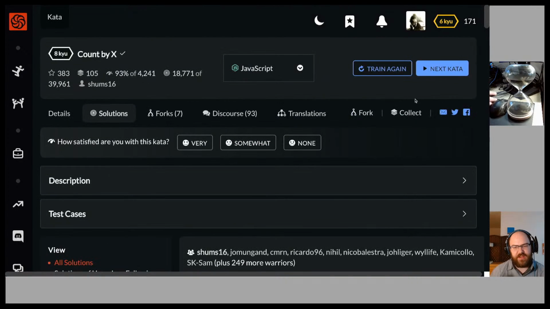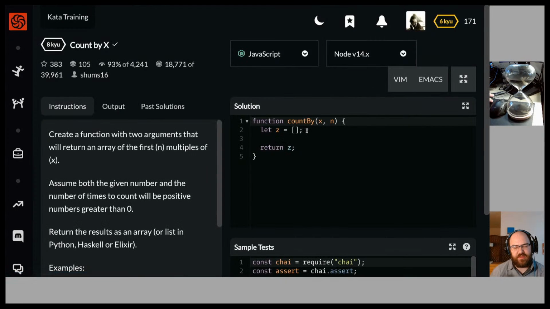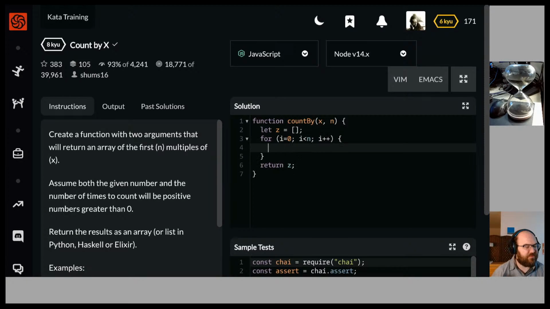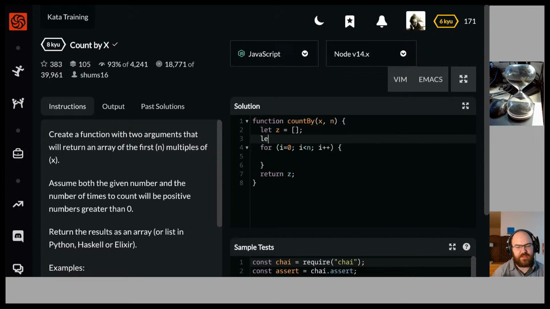I think I'm going to retrain and do this the way that I first thought of. For i equals 0, i less than n, i plus plus, brace, let multiple equals 0, multiple plus equal x, z.push multiple.